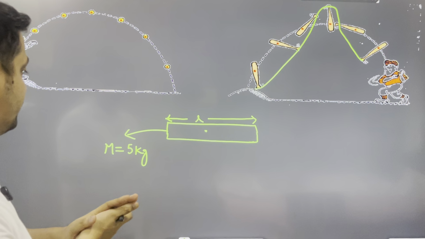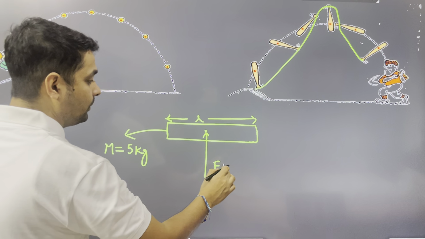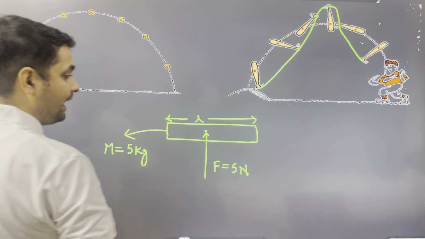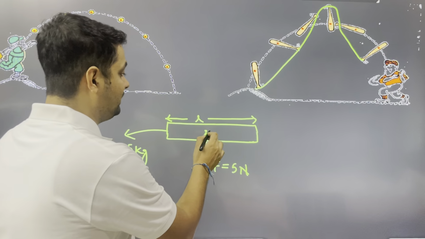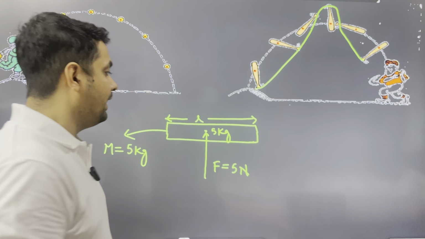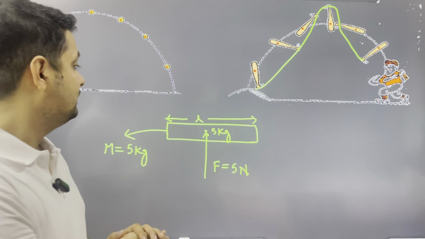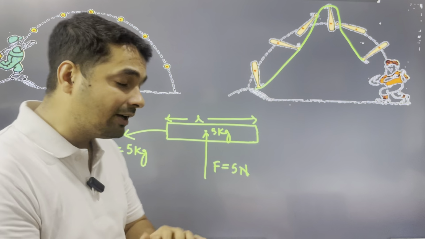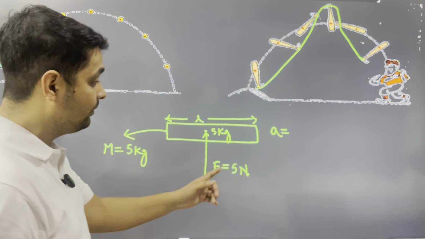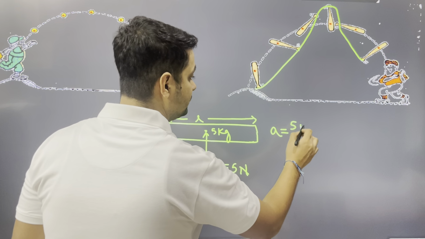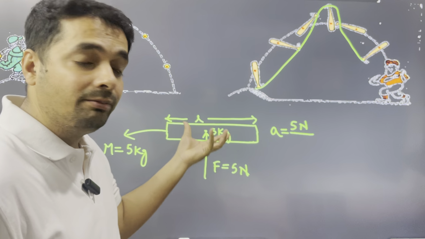It will be helpful. If I apply one force F equals 5 Newton at this point, where I have already concentrated the whole mass of 5 kg, and I want to find its motion, that is its acceleration, how will I find it? By Newton's second law of motion, a equals net external force, that is 5 Newton, divided by the total mass concentrated here, that is 5 kg.